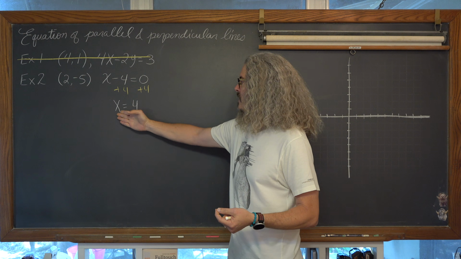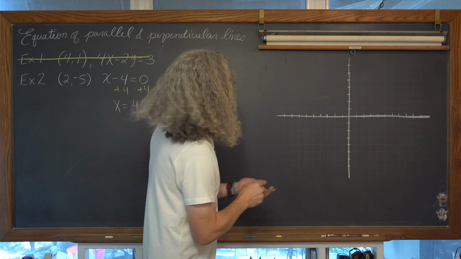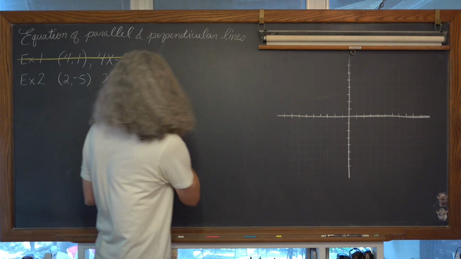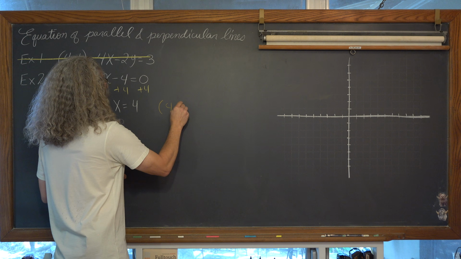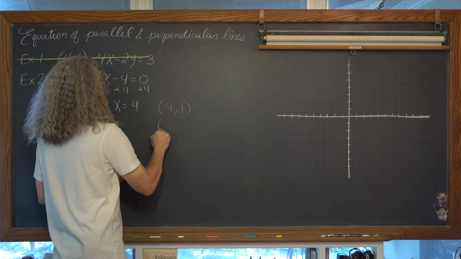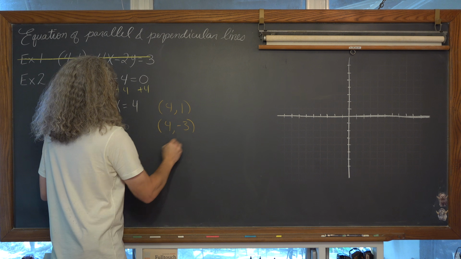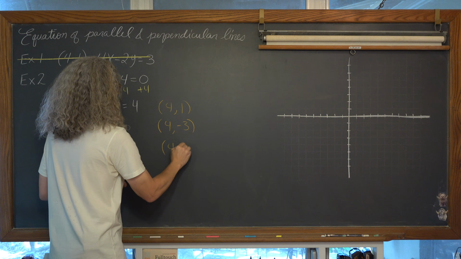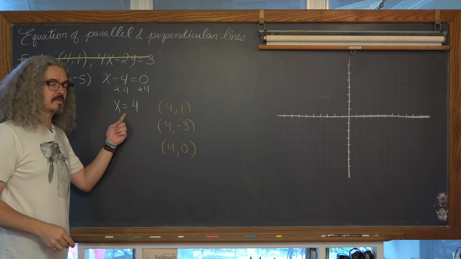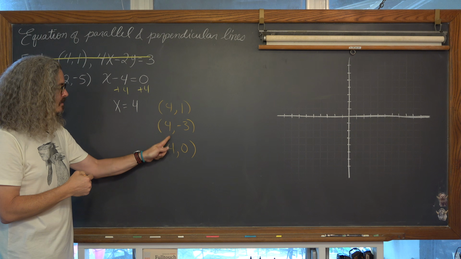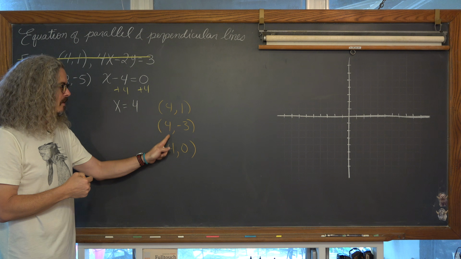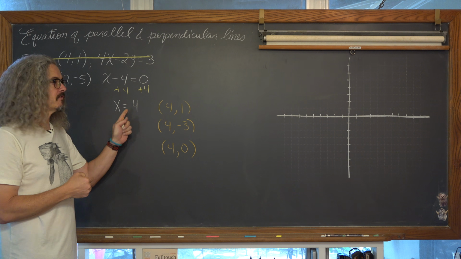So what does the equation x equals 4 look like? Well, I just need to list off a bunch of coordinates that have an x value of 4, because if this is the equation of a line and it only has the variable of x in it, all you need to do is have a collection of points whose x value is 4.